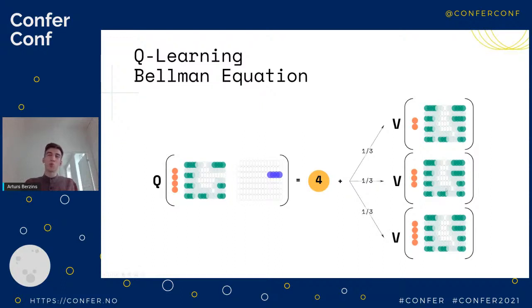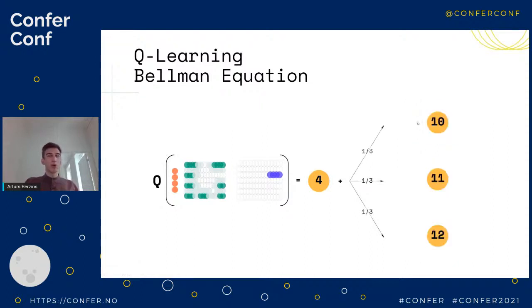But of course, you don't really know which state you will land in. In this case, you could get any of the possible group sizes. So assuming you somehow, again, know these values, you can average them by the probability.